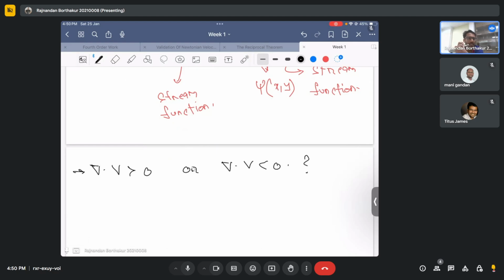If the divergence of velocity is greater than 0 or less than 0, it means that the density of the fluid is not constant, and it can vary with space and with time. Is it clear? Is my answer convincing enough for your question?